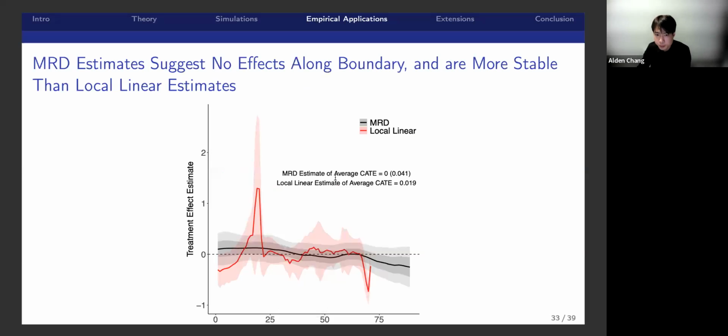And what we see first with my MRD estimator is that it tends to be quite stable, and at any point along the boundary, we cannot reject the null hypothesis that the effect of campaign efforts on voter turnout is zero. And this basically replicates the original study's findings. However, if we look at the local linear regressions, we see that in some cases, at certain points of the boundary, it is very unstable.